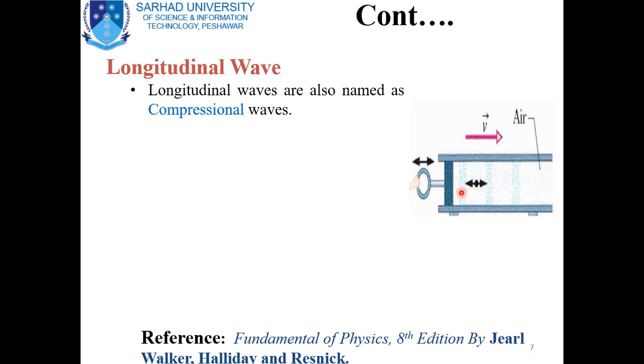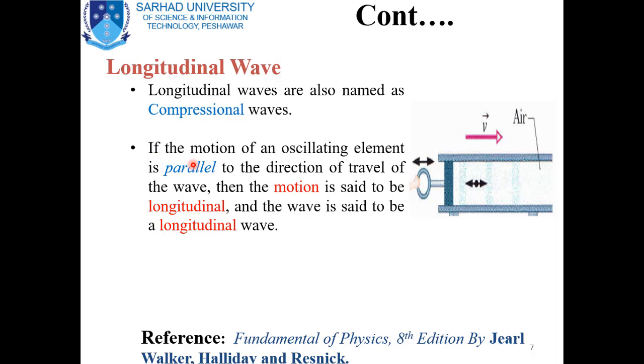So longitudinal waves are also known as compressional waves. We can define the longitudinal wave as: if the motion of an oscillating element is parallel to the direction of the travel of the wave, then the motion is said to be longitudinal and the wave is said to be a longitudinal wave.